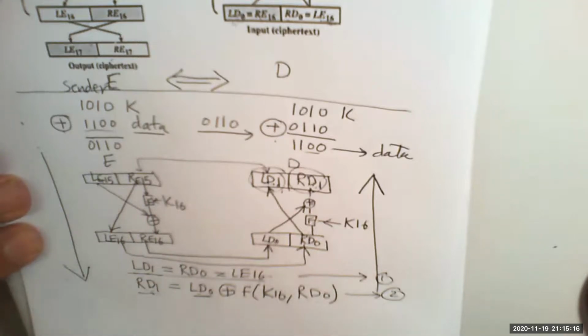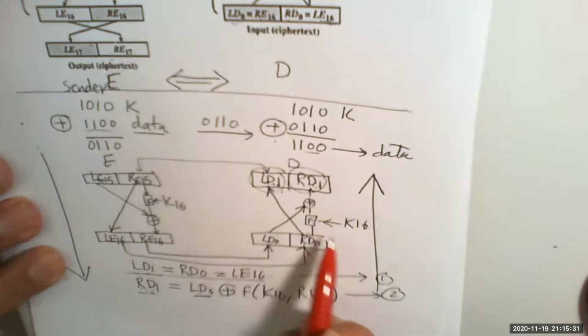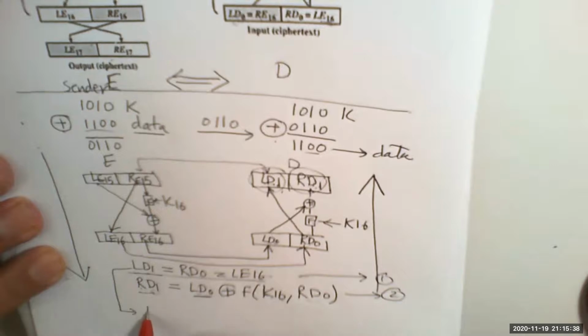I take them one by one. I take LD1. LD1 is RD0. Okay, I will take this first.